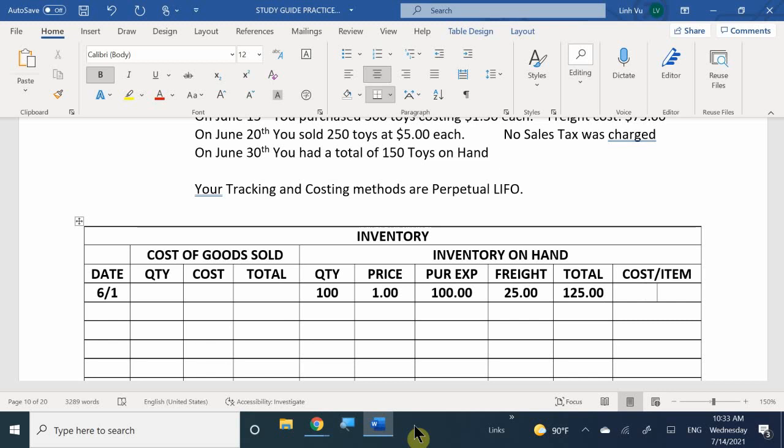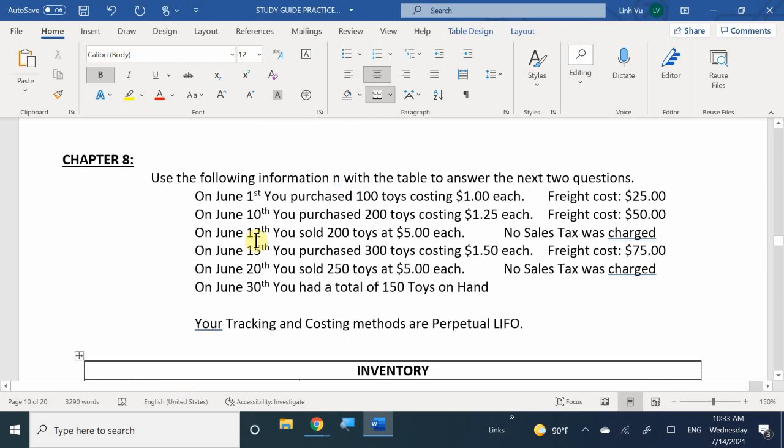This is my only batch of inventory, and I'm using LIFO, so what is my calculated cost per item for this batch? $1.25. Good. Now let's see what happened next.